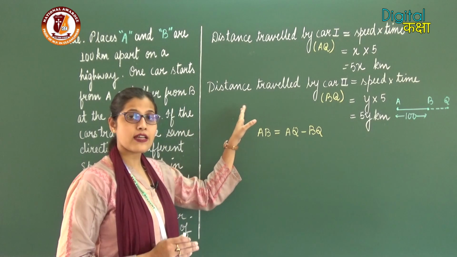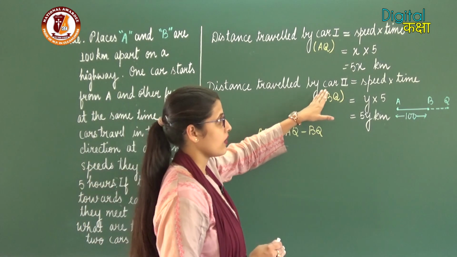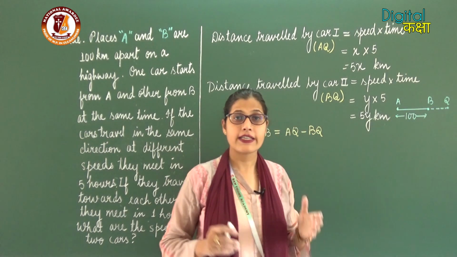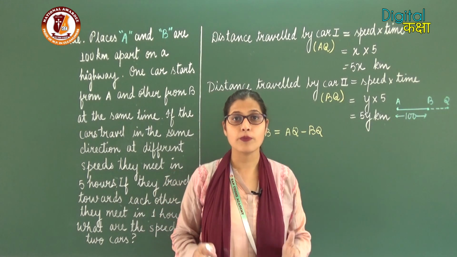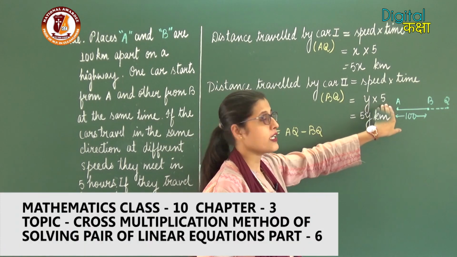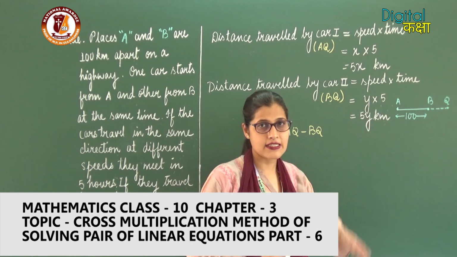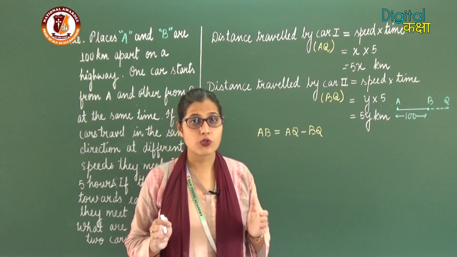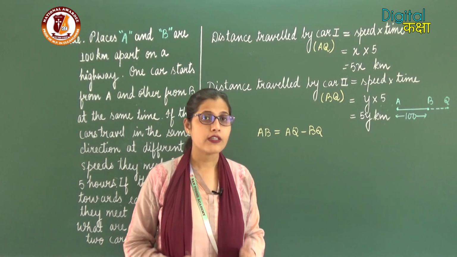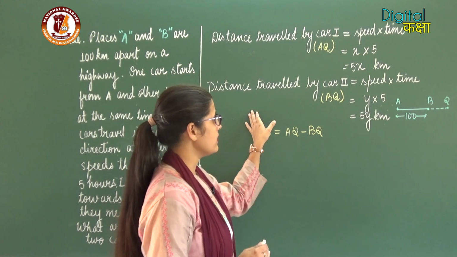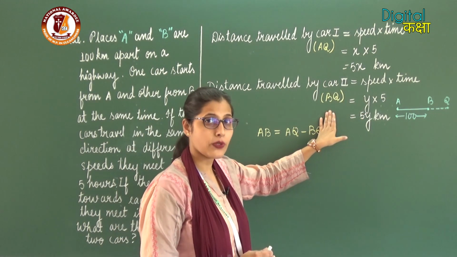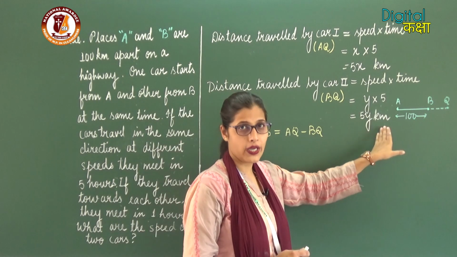Now, the distance travelled by the second car will be equal to BQ, since the second car started from point B. It will be y into 5, as the speed of car 2 is y km per hour. Therefore, the distance travelled by car 2, which is BQ, is 5y.